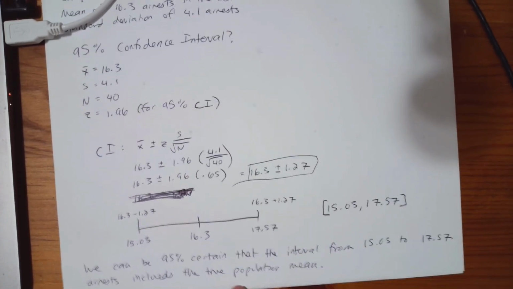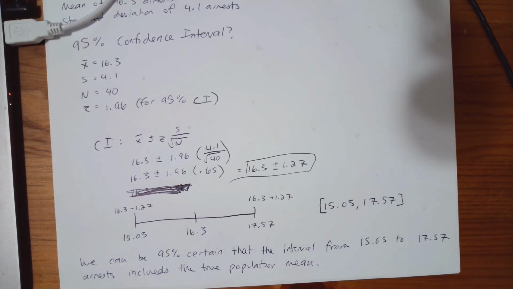So that's it. That's how you find a confidence interval. And like I said, it's a lot quicker when you actually just sit down and plug everything in than when you go through all the different steps. And so it tells you that you can be 95% certain that this interval you found includes the population mean. And in other words, if you were to do this 100 times in a row, this interval that you found would actually overlap with that true population mean 95 out of those 100 times.